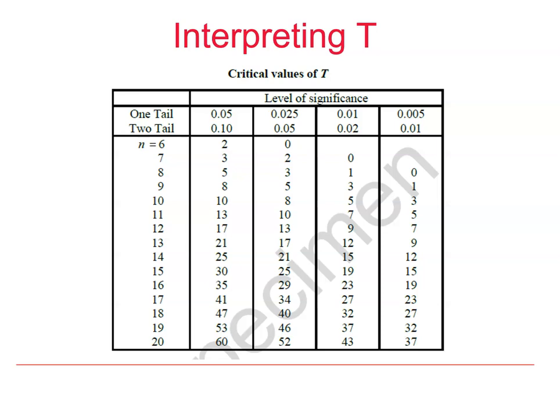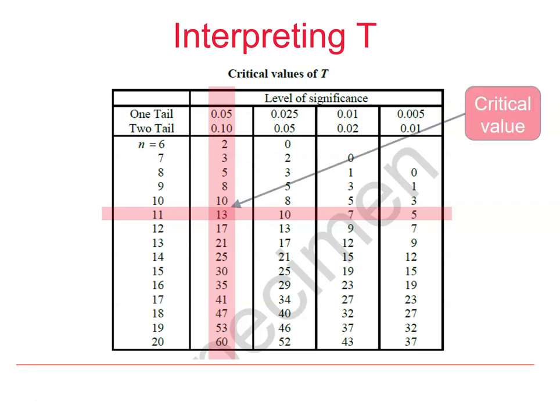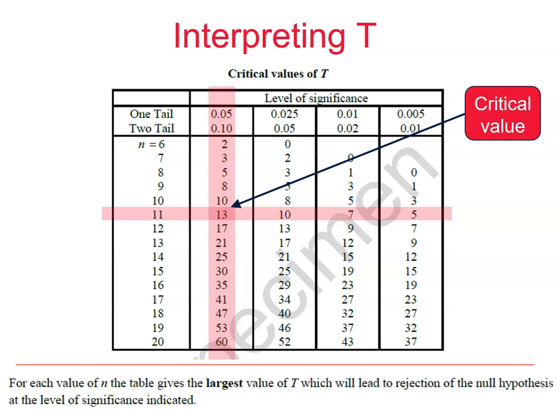We have a sample size of 11, so look in the n equals 11 row. It's a one-tailed test, as we are testing to see if the median has increased, and the 5% level, so this column. This is the critical value, 13. Remember, we're looking to see if T is small enough to reject the null hypothesis.